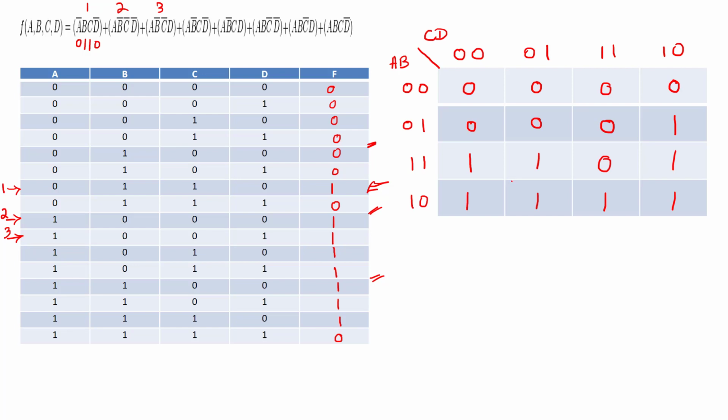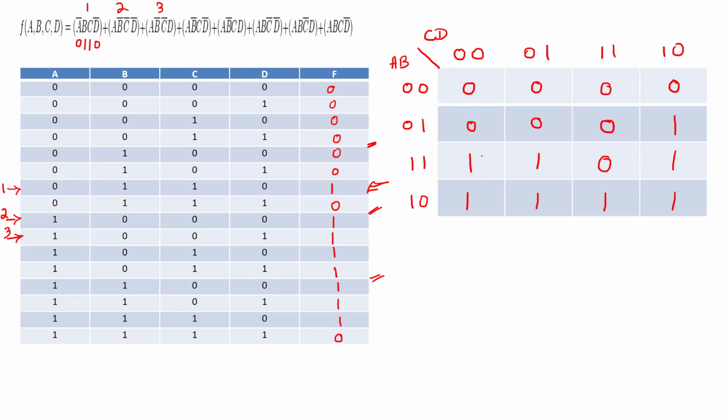But the groups can only be in rectangular shape. They cannot be diagonals, they cannot be L-shaped, and you can only group the ones that are adjacent to each other. You cannot jump over a 0, for example, here between these two ones. So let's get started with it.